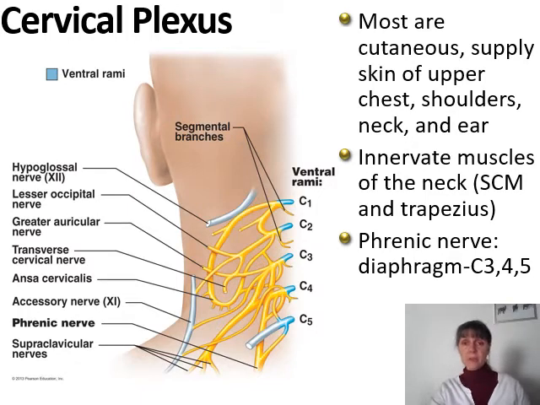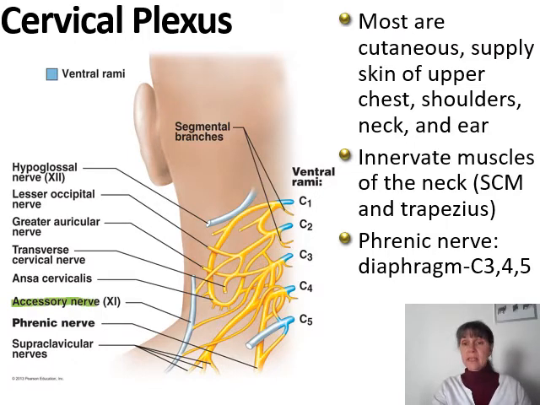Just know that the cervical plexus is going to be found in the area of the neck, and most of the fibers are going to go to supply the skin of the upper chest, the shoulders, the neck, and the ear.